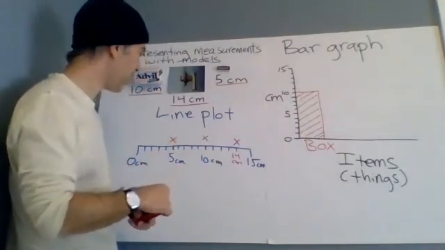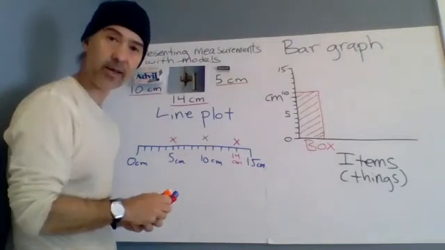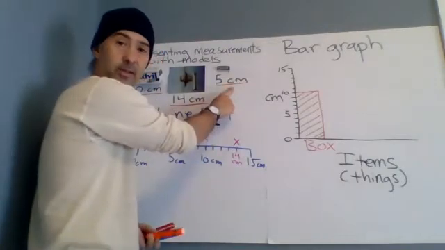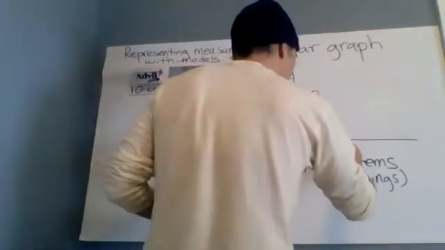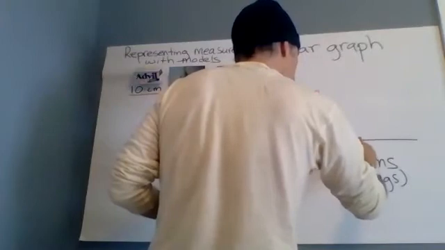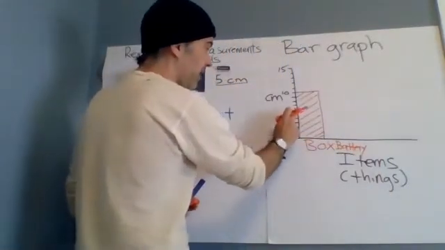Then how about we take the battery? The battery is how many centimeters? It's 5 centimeters. So I'm going to go here and I'm going to write battery. Okay, and I'm going to find 5 centimeters.